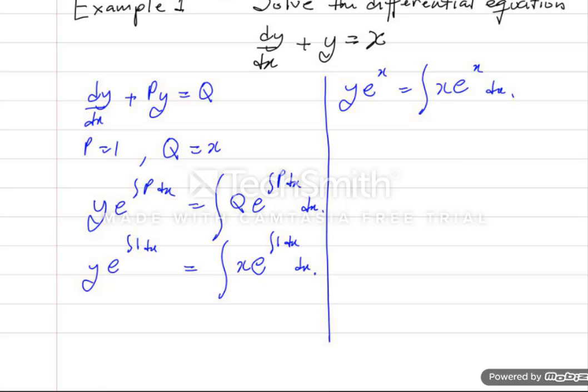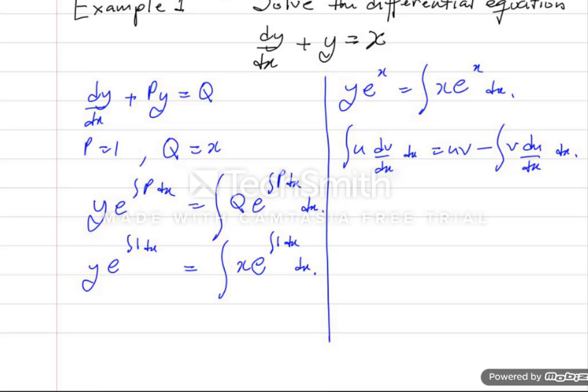I'm going to have to integrate this by parts. If you integrate by parts, the integral of u dv by dx with respect to x is equal to uv minus the integral of v du by dx.